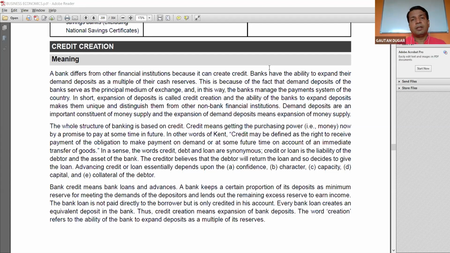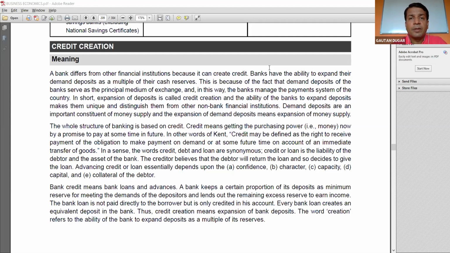That means if the reserve ratio is increased to 20%, 20% mathematically in terms of fraction means how much? 1 by 5, remember? Now, if the reserve ratio is increased, what does it theoretically mean? That is, every bank will now have to keep more reserves with it and will have to give away a lower amount as loan.